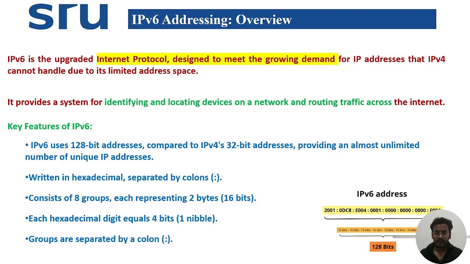Each of the 8 groups is represented by 2 bytes, 16 bits, and each hexadecimal digit equals 4 bits, 1 nibble. The groups are separated by colons.